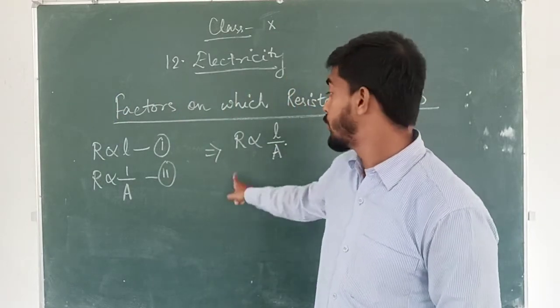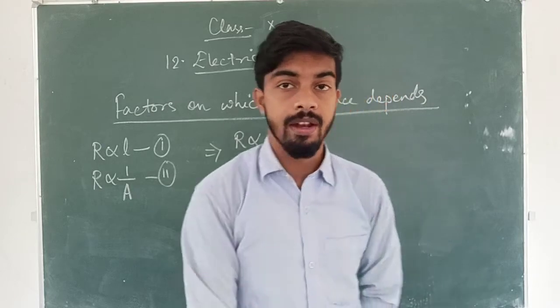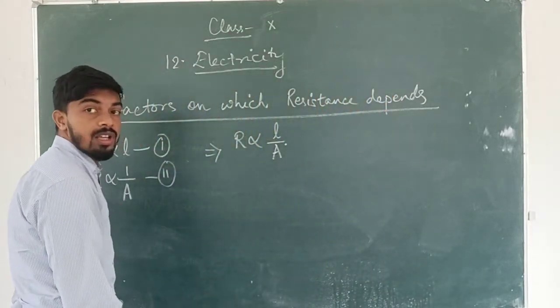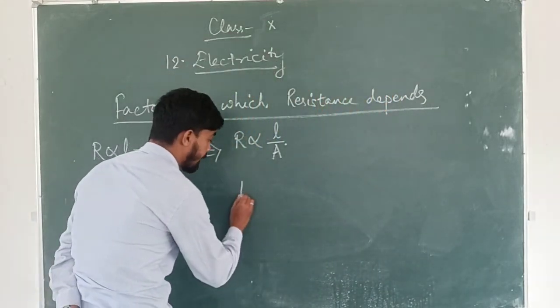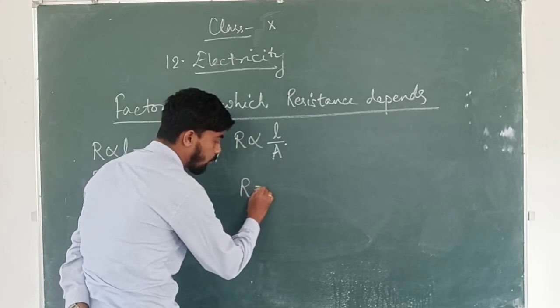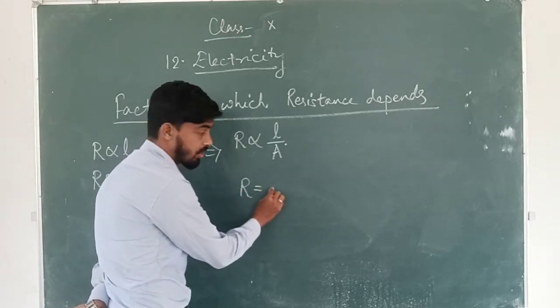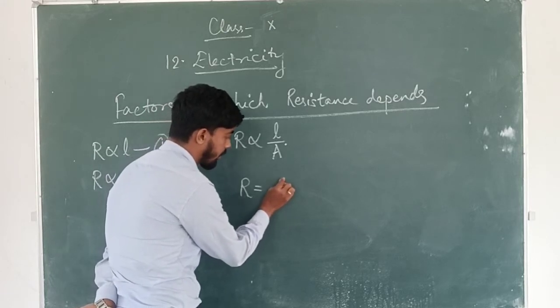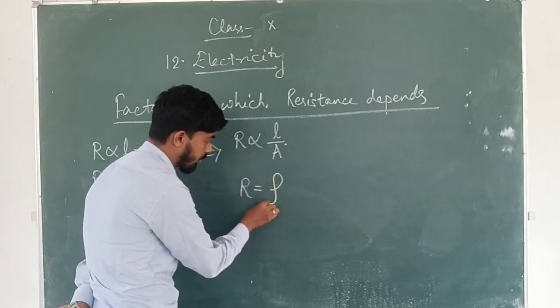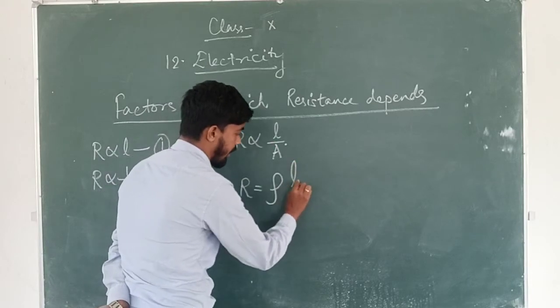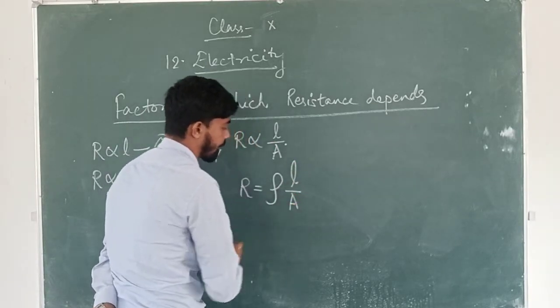So we need to remove this proportional symbol, and here it is replaced by R equal to rho L by A. Look carefully here.